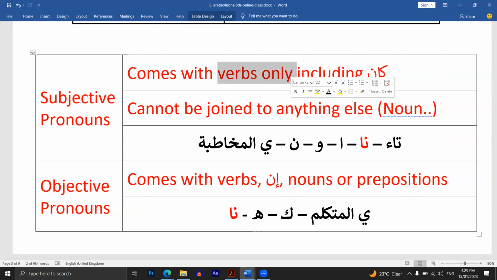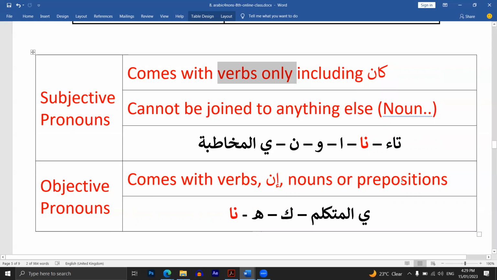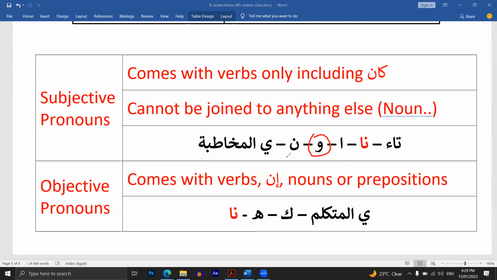And what are these subjective pronouns? تا, we call it تاء الفاعل. نا, ألف الاثنين, واو الجماعة, نون النسوة, it's used for plural feminine. And lastly, ياء المخاطبة, it's used for singular feminine, if it's second person.